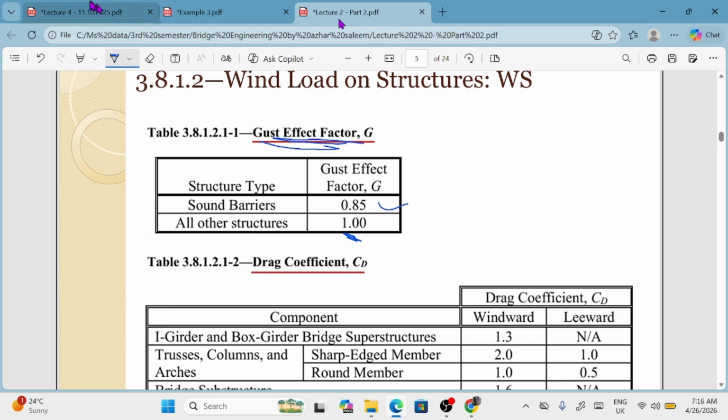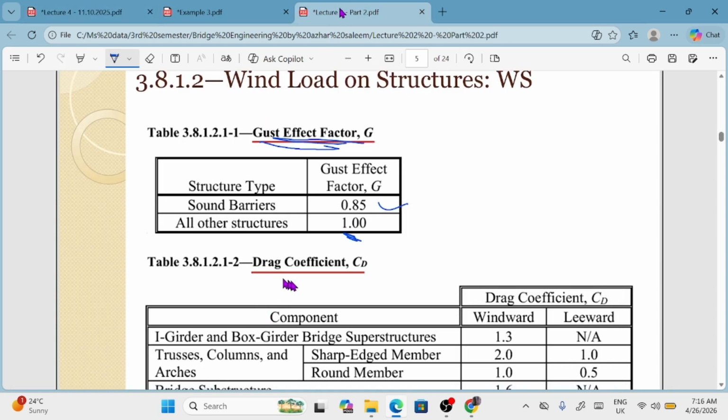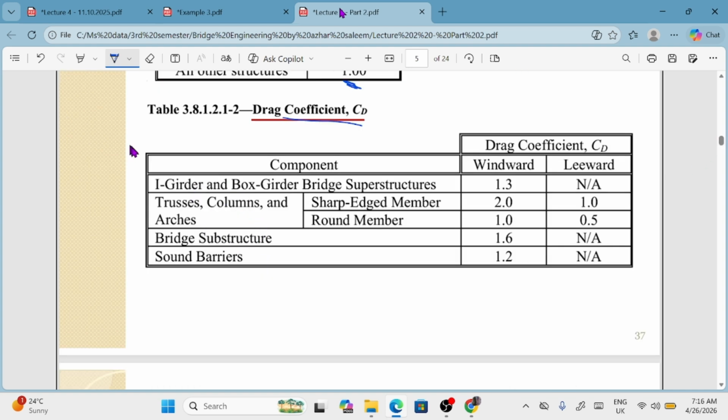And there is another coefficient, which is CD. This is called the drag coefficient. This is one of the tables from which we can choose a drag coefficient. In this table, we see that for I girder and box girder for bridge superstructure, the windward drag coefficient will be 1.3, and the leeward is not here.